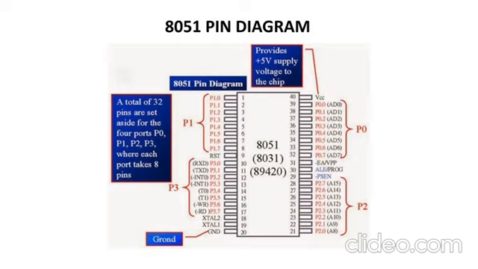It is generally marked with a minus, which means it is an active low pin. So 29 is PSEN, active low; 30 is ALE, which is active high; and 31 is EA, again an active low pin. So now the right side is completed.